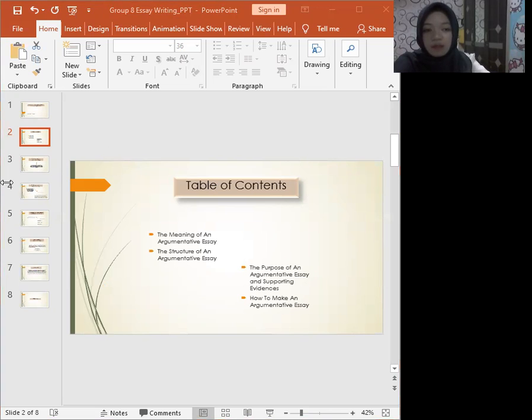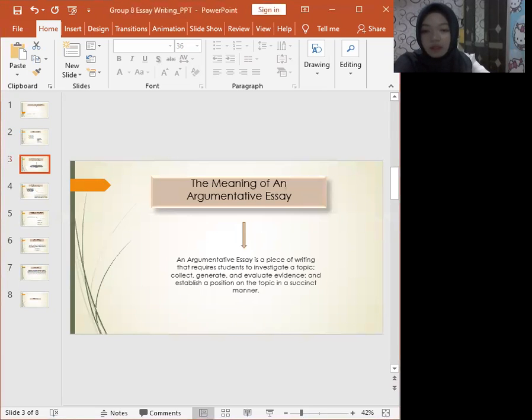So, the first, the meaning of an argumentative essay. Argumentative essay assignments generally call for extensive research of literature or previously published material. Argumentative assignments may also require empirical research where the student collects data through interview, survey, observation, or experiment.